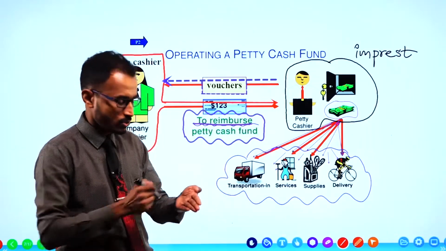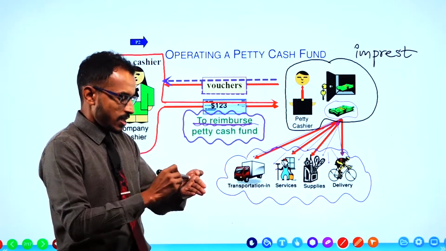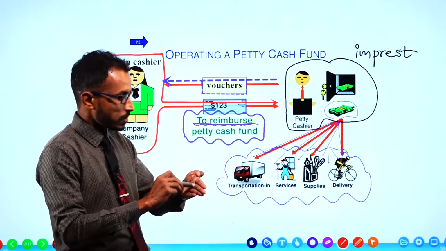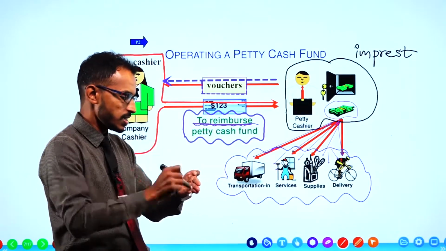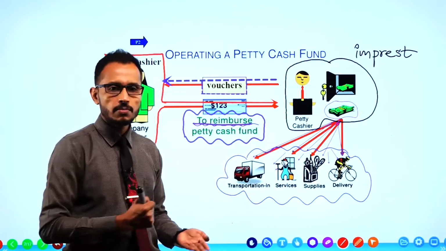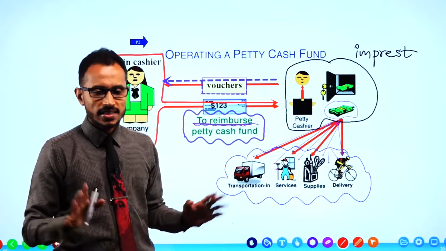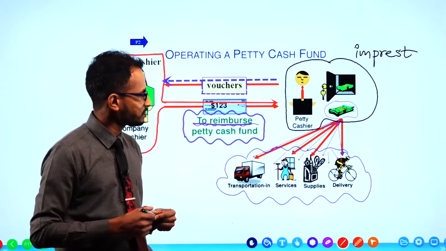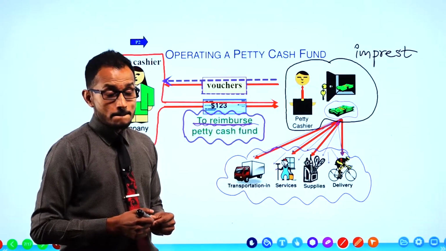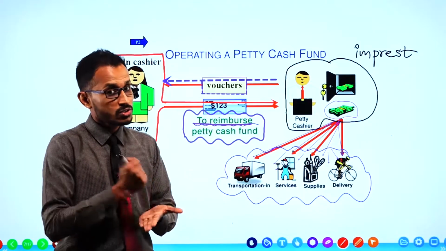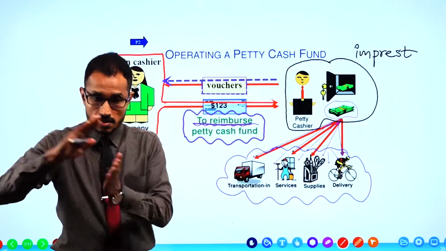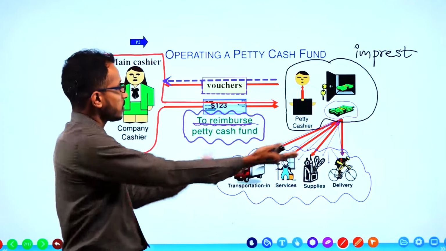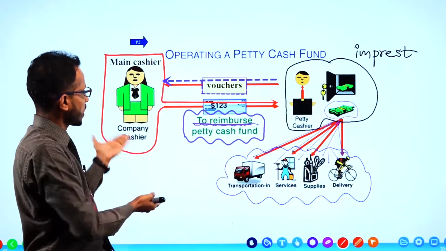Yeah, we talked about source documents. The source document or the voucher is prepared by the petty cashier, and it is certified by another officer, saying that this is a legitimate transaction. All those vouchers should be collected by the petty cashier and produced to the main cashier.